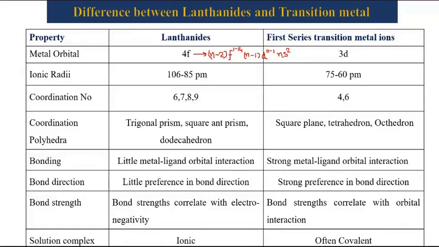So basically the incoming electrons are going to be filled in f orbital. That's why this is called 4f orbital. But if you will remember, in case of transition element, it is n minus 1 D 1 to 10, ns 1 to 2.